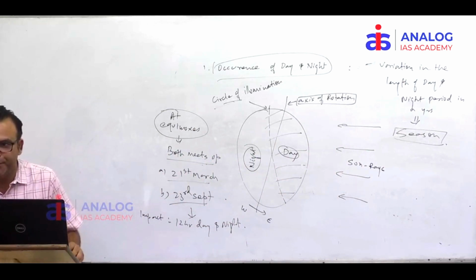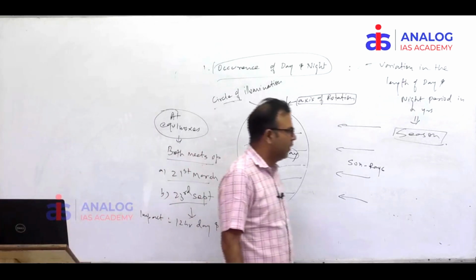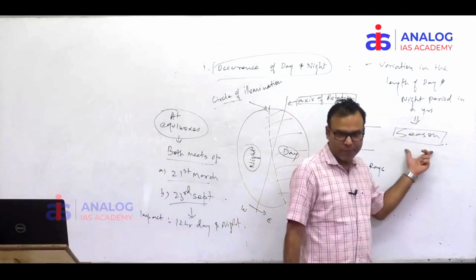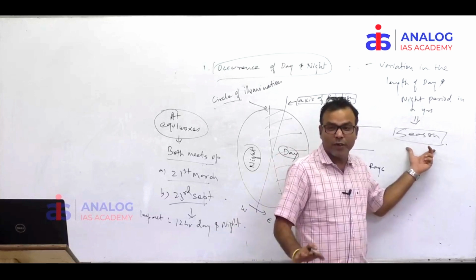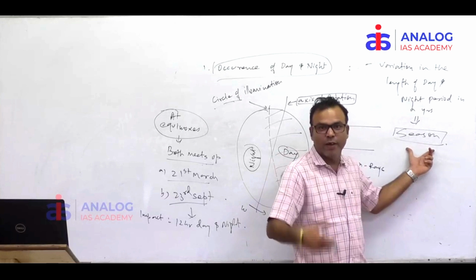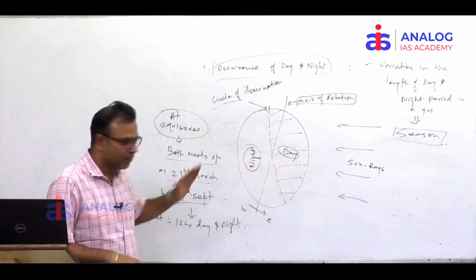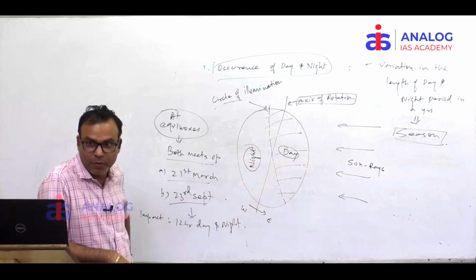That happens. Variation in the length of day and night period in a year is producing a new concept. Concept of what? And for that, rotation is not helping. You have to go with revolution, you go with tilt in that case. Wait for some time. Did you understand?